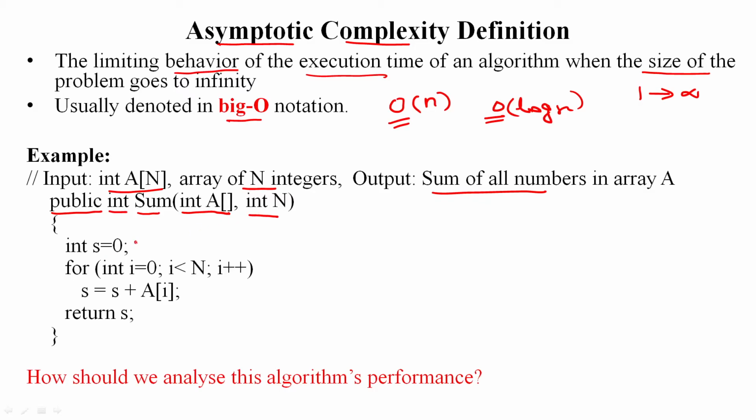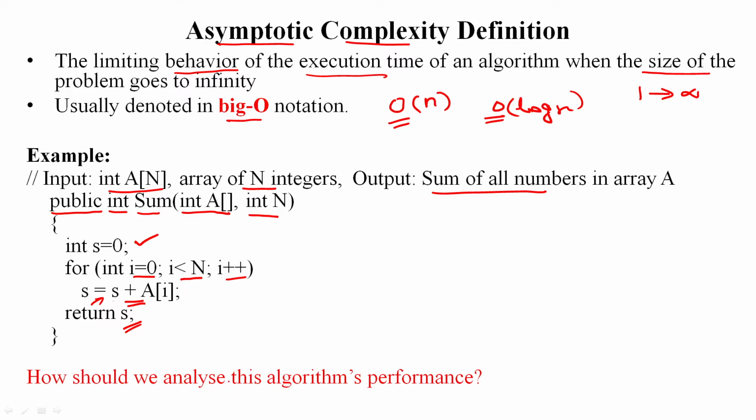Here s is initialized for the sum of n numbers, s equal to 0. Then the for loop, with initialization i equal to 0, moving step by step until n minus 1, so n integers are considered in this sum of n numbers. Then there is the arithmetic operation, assigning that value to variable s. Finally, it returns the s value.